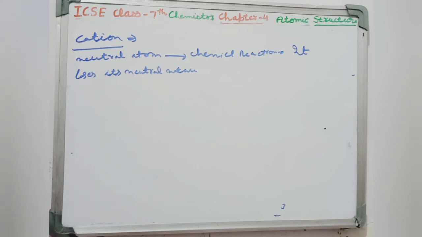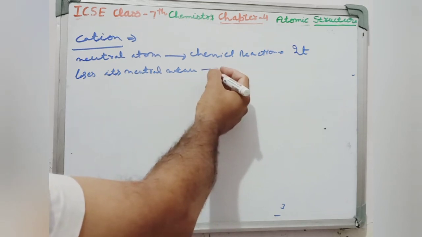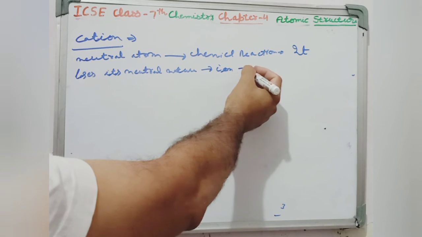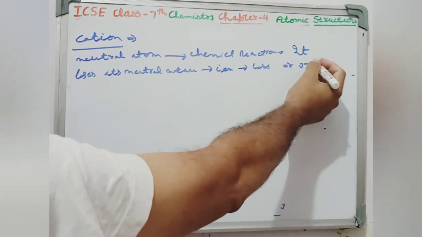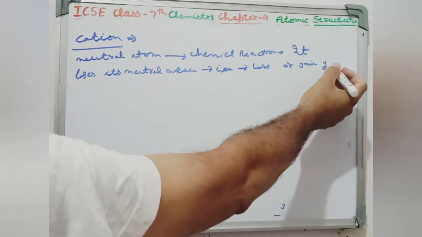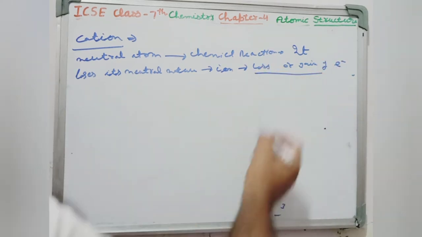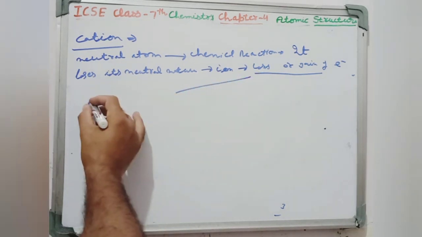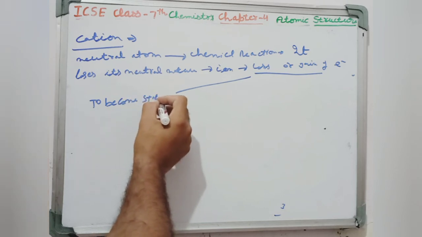It has to become an ion, and becomes an ion because of loss or gain of electron. Why does it lose or gain an electron? To become stable.